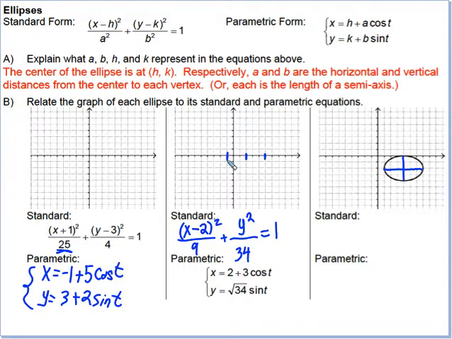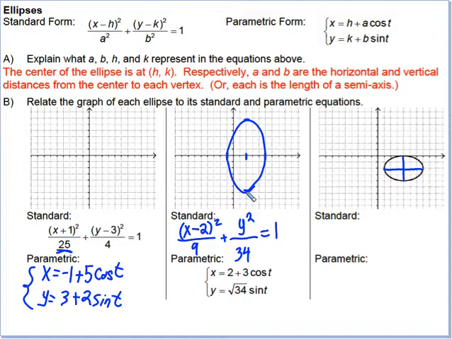So 1, 2, 3, 4, 5. Let's go almost to 6. Okay, just get kind of close. So, yep, there we go. Isn't that pretty? There's my ellipse.